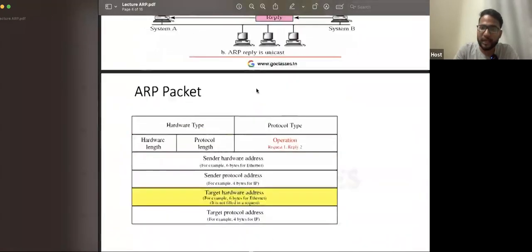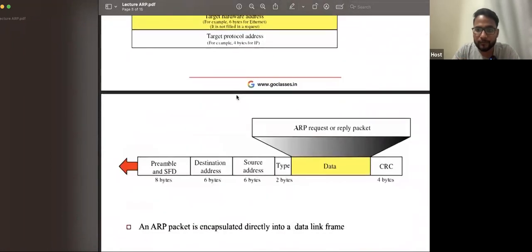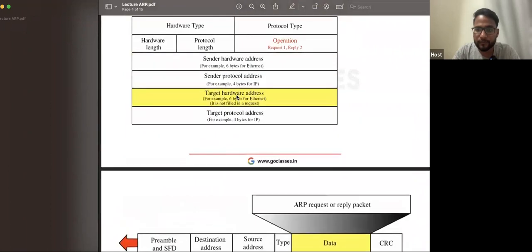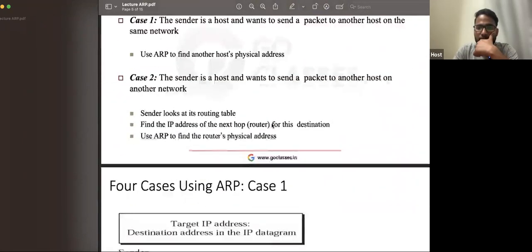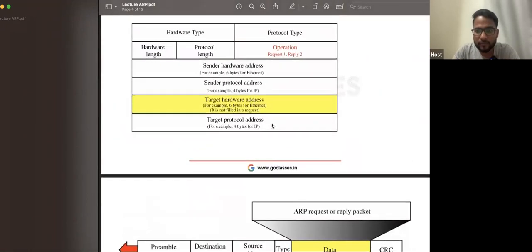So basically in this ARP, there is something called target hardware address and sender hardware address. Yeah, these are the MAC addresses. Yeah, this one, target IP address.